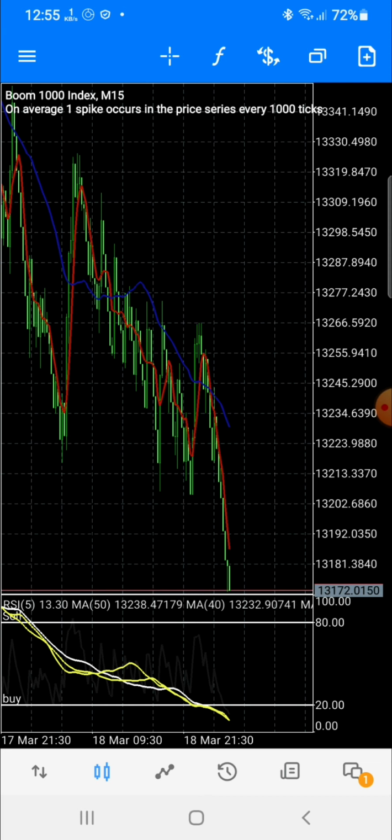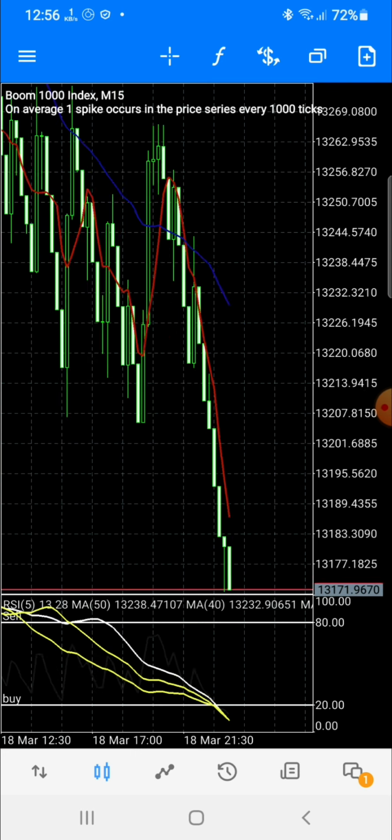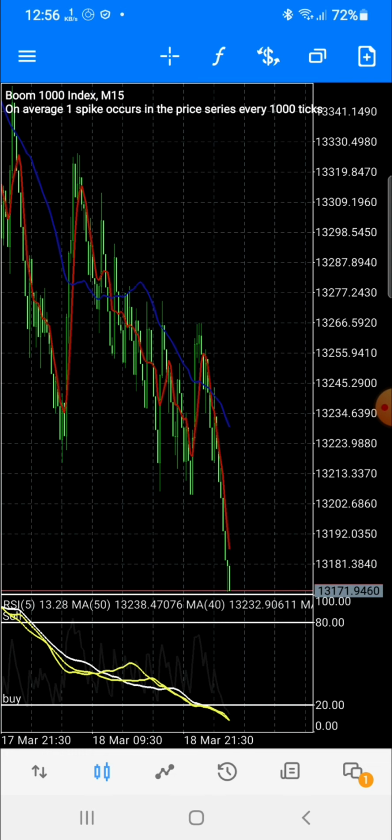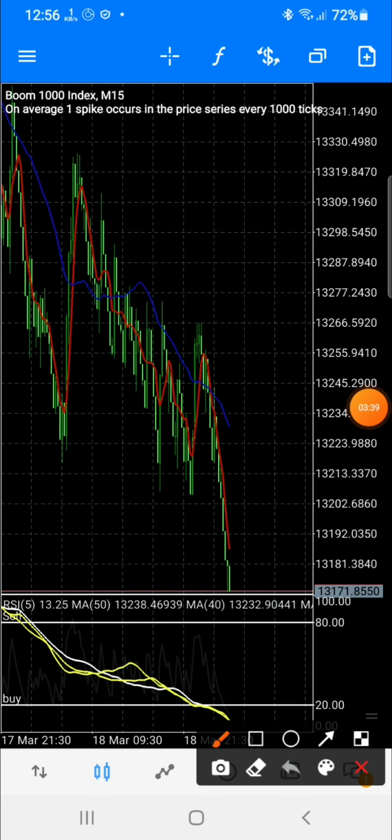Just the way the chart is right now, for instance, you want to go in now. It's already showing a buy on the RSI chart, but you don't go in yet. You have to make sure your moving averages on the main chart are at the lower low. You need to make sure this red is already pointing up and the blue is going to cross it.